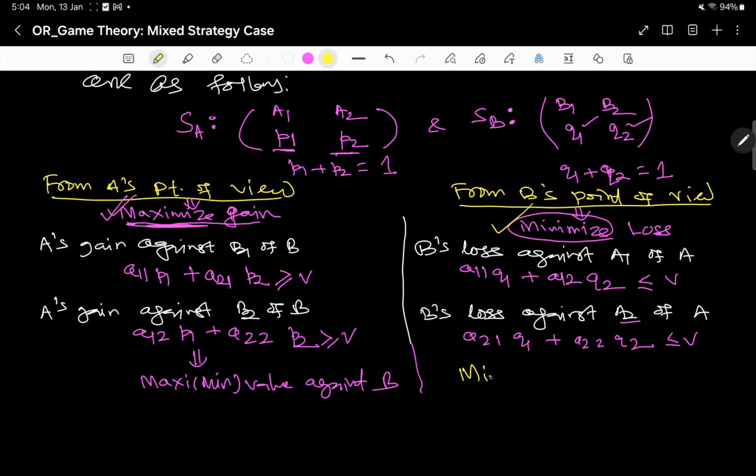As A is not sitting idle, B minimizes the maximum loss value against A.